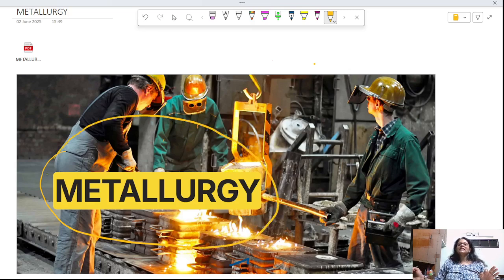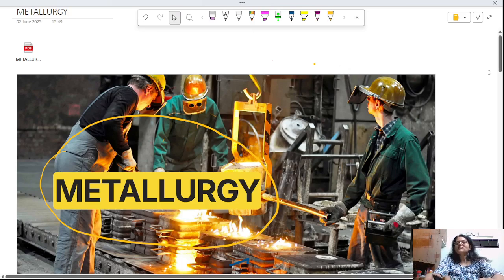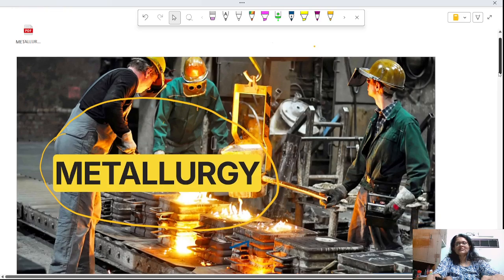You can see people working at a very high temperature, with fire and red hot things. They are working very hard in an extreme environment, right? Hats off to those people who are helping us to extract these metals. And that branch of chemistry which deals with the extraction and purification of metals is known as metallurgy.